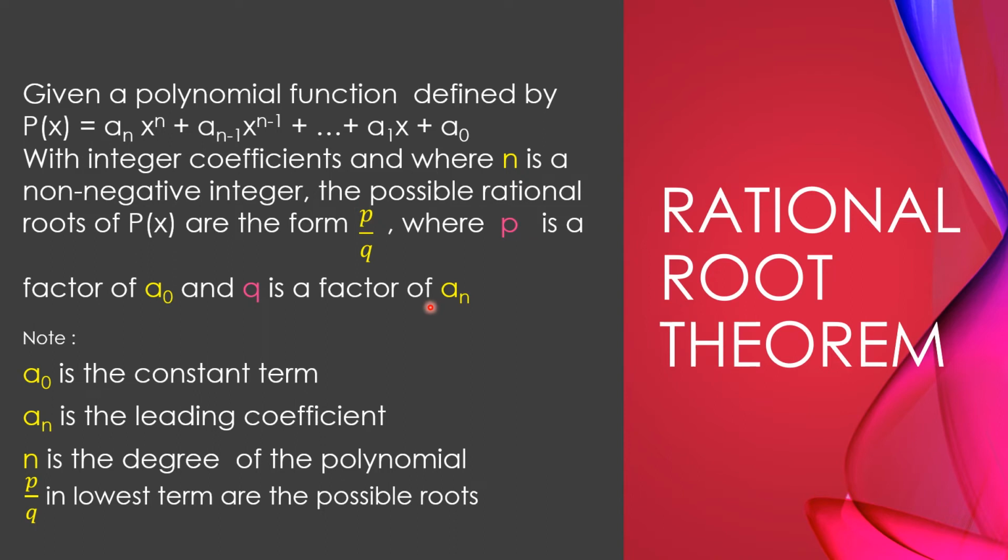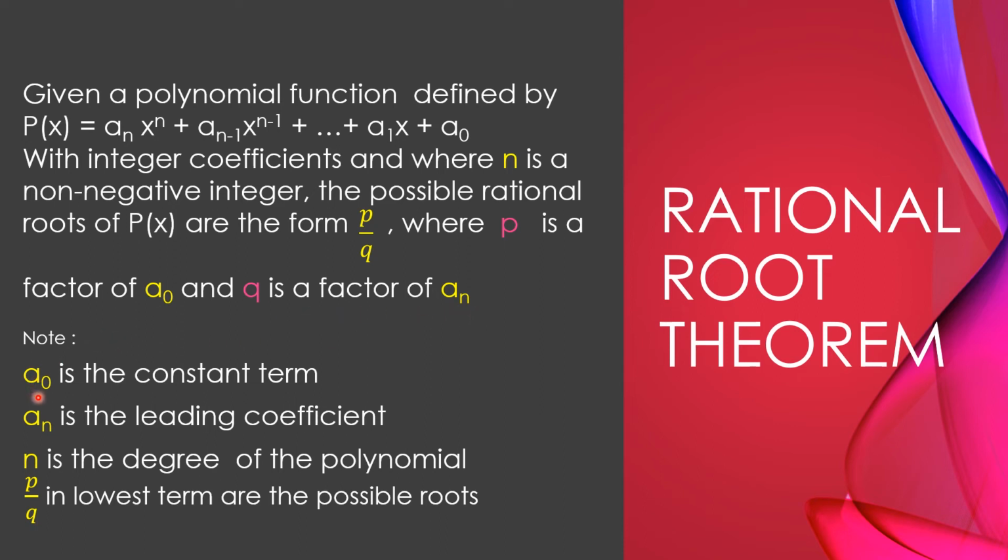So we can also apply the rational root theorem. So given a polynomial function defined by p of x equals a sub n x to the n plus a sub n minus 1 times x raised to n minus 1 and so on and so forth until a sub 1 x plus a sub 0 with integer coefficients, and where n is a non-negative integer, the possible rational roots of p of x are of the form p over q, where p is a factor of a sub 0 and q is a factor of a sub n.